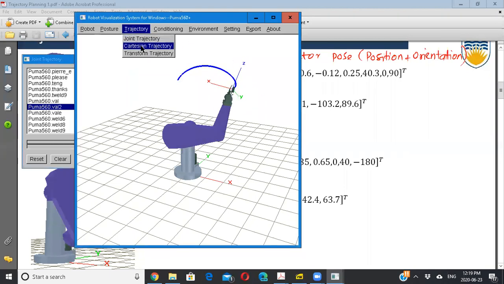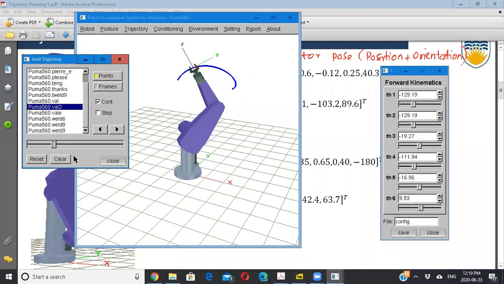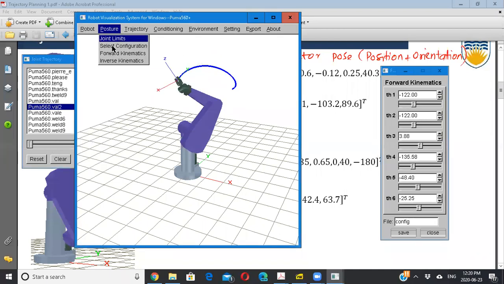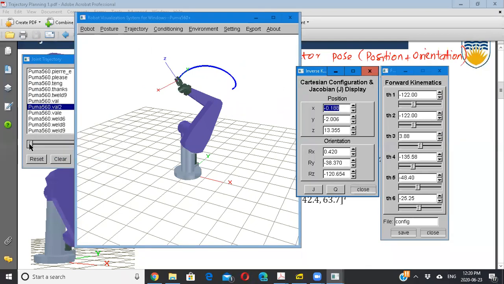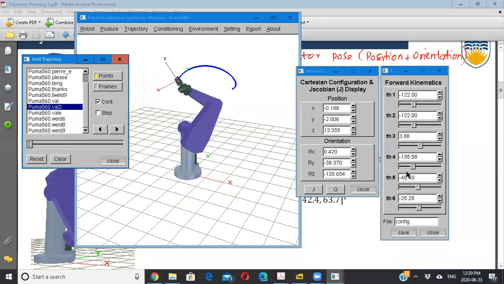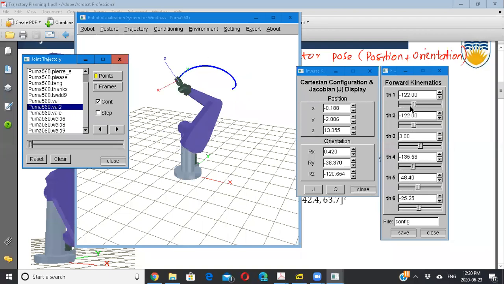In the meantime, you can look at the joint values. Your initial thetas are here, and you can also look at the pose. So this is the initial Cartesian position and orientation, and the final one is this one. The final joint angles are here in radians. The initial joint angles are these in radians.